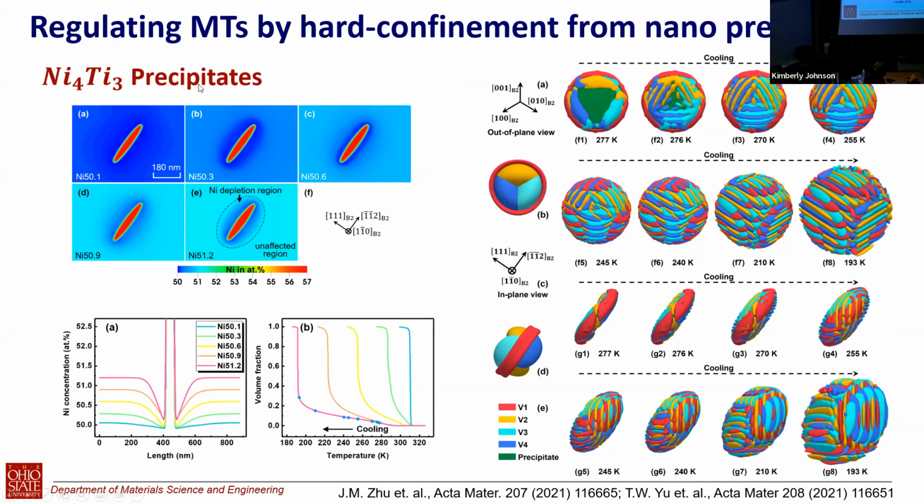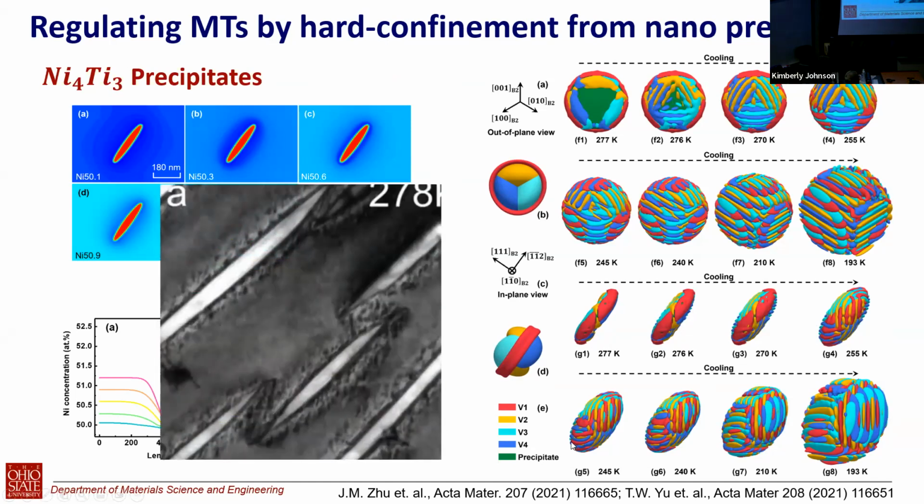Because of these depletion layers, you're going to have the martensitic transformation much easier. That's how you create this coated martensitic layer around the particles when you apply load, and those are going to grow, and then you change how the volume fraction changes as a function of cooling temperature. And if you see the experiment, we do see the layer of martensite coating the precipitate.